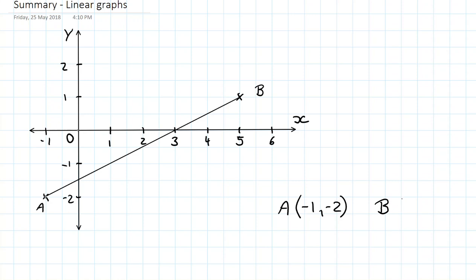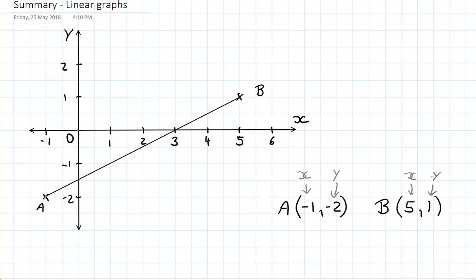For my point B, the x-coordinate is 5, because we go 5 across, and then we go 1 up, so there you go, that's the y-coordinate. Okay, so we're always having x first and y second. Across first and then up or down.